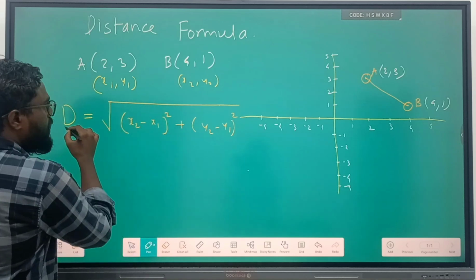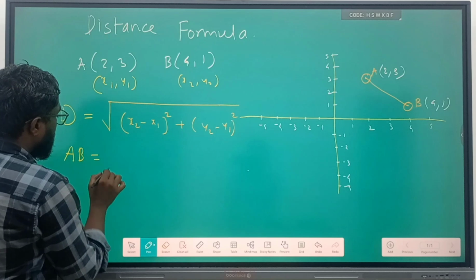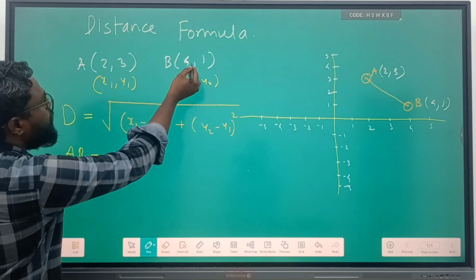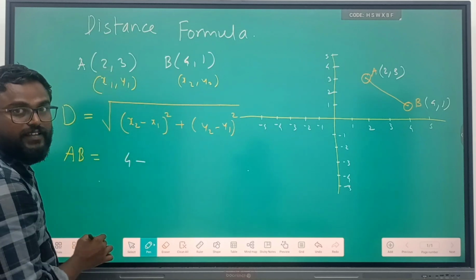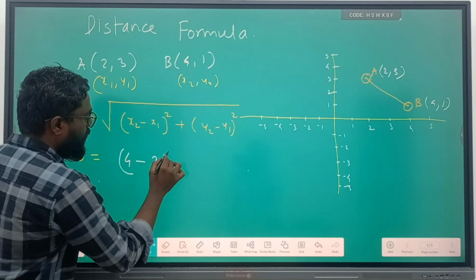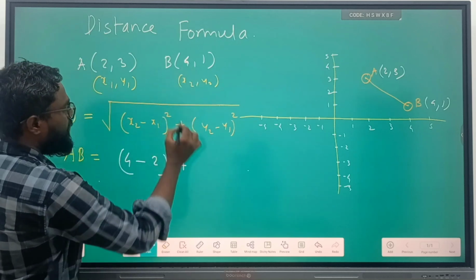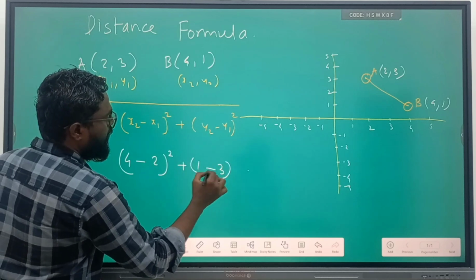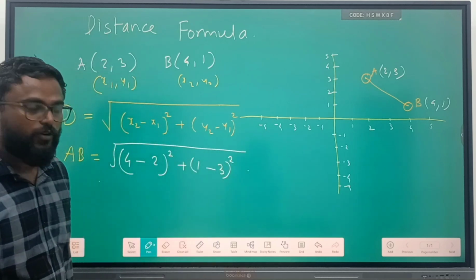The distance AB is equal to the square root of x2, which is 4, minus x1, which is 2, take the square of it, plus y2, which is 1, minus y1, which is 3, take the square of it, and this whole thing goes under the square root.